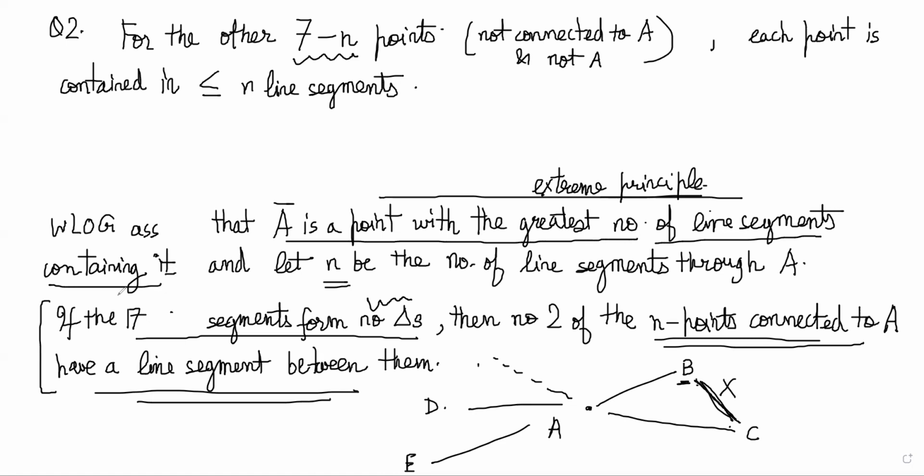So A had n line segments passing through it. So the other points, which are not the extreme points, the other 7 minus n points, should not have n points passing through them. It should have less than or equal to n line segments passing through them, because A is the point with the most line segments, so others will have fewer line segments passing through them.